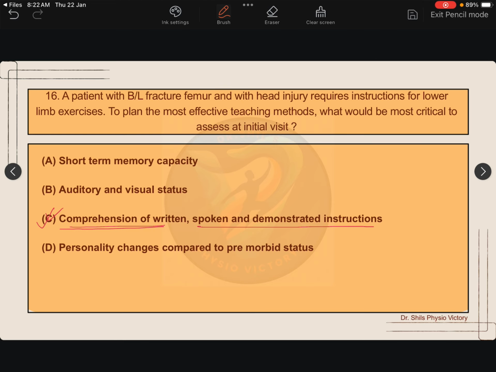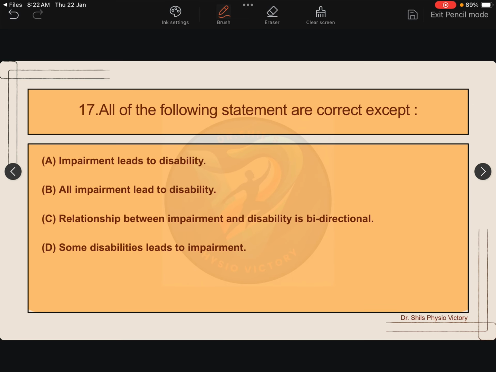Next come to question number 17. All of the following statements are correct except option A impairment leads to disability. Option B all impairment leads to disability. Option C relationship between impairment and disability is bidirectional.